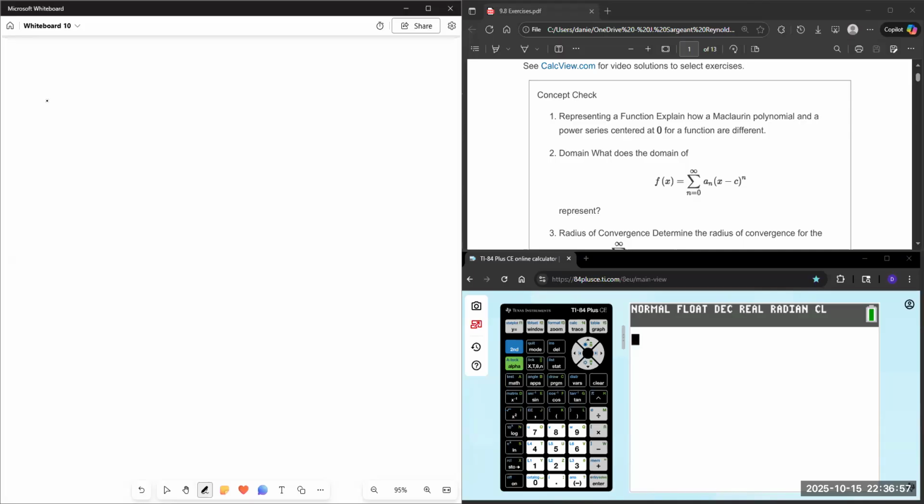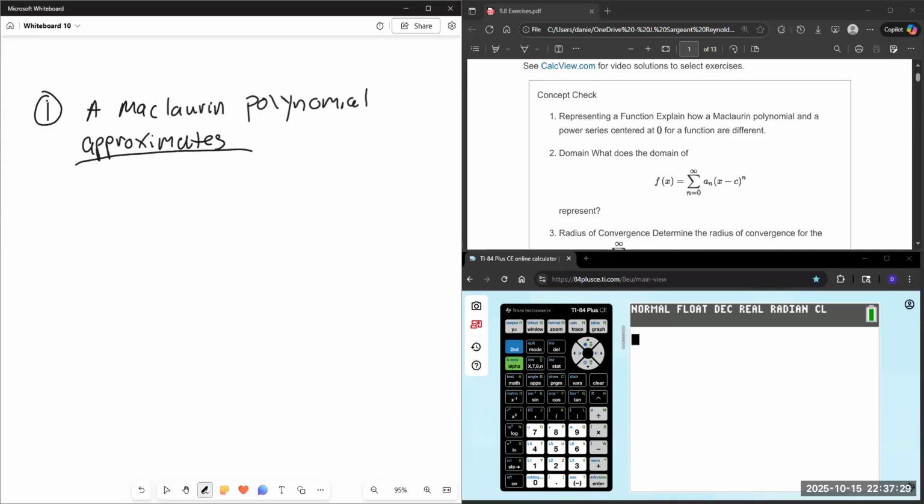So I think I mentioned this at the end of the last video, but a Maclaurin polynomial, which is a special kind of Taylor polynomial that's centered at 0, approximates, that's a key word there, approximates a function.